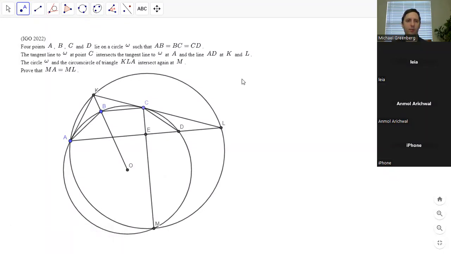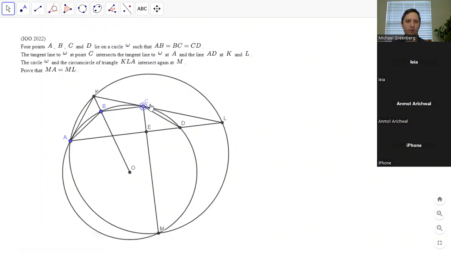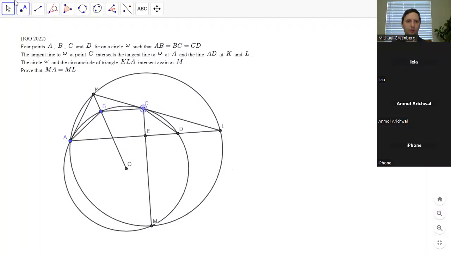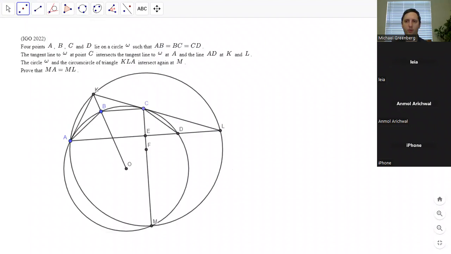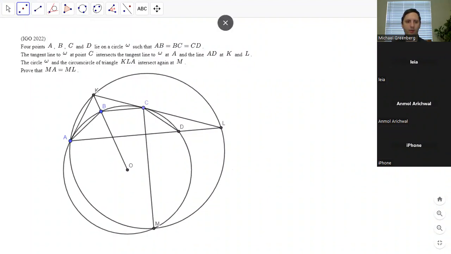I wonder if this is the midpoint of AL. It looks like it. I don't know if it's obvious that would have to be true if the problem were true. Let's see, so we could try to show CA equals CL.